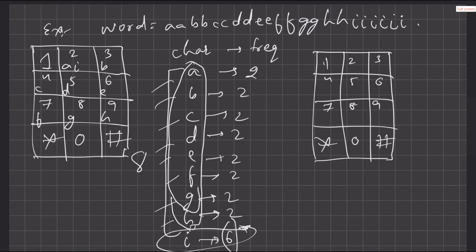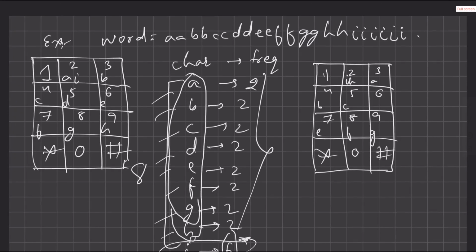When we reduce the pushing of the key, definitely the answer is going to reduce. So first I'll place I. Then I'll look at frequency. Now all characters have the same frequency. So I'll try to place A, then B, then C, D, E, F, G, H I'll be placing here.